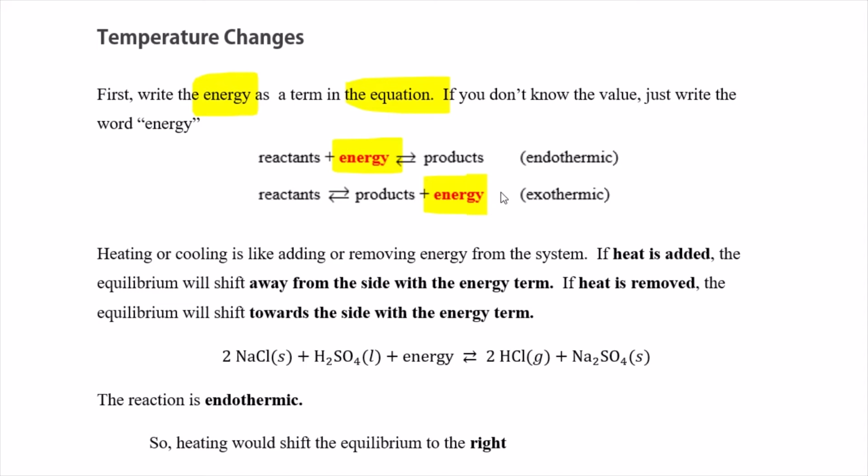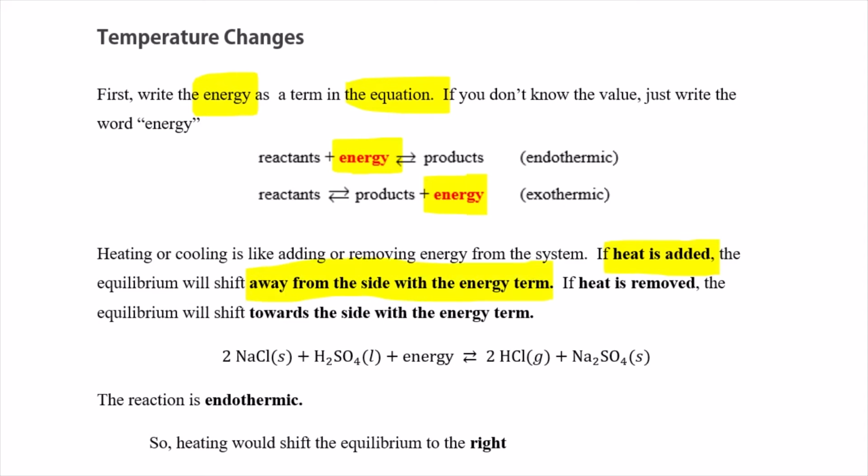Now, how will it work? Okay, if you're heating or cooling, remember you're adding or removing energy from the system. And once you've added the energy as a term in the equation, well, then you can treat it just like it's a reactant or like it's a product. So if heat is added, so if you heat up the system, the equilibrium will shift away from the side with the energy term.